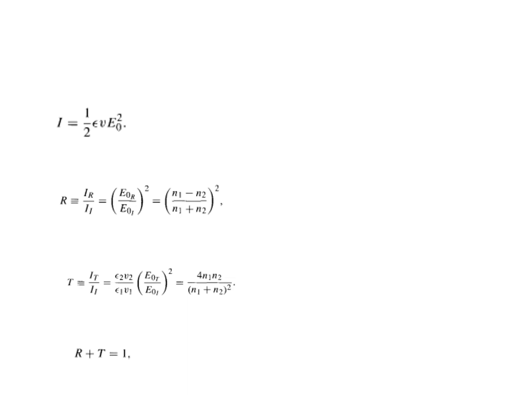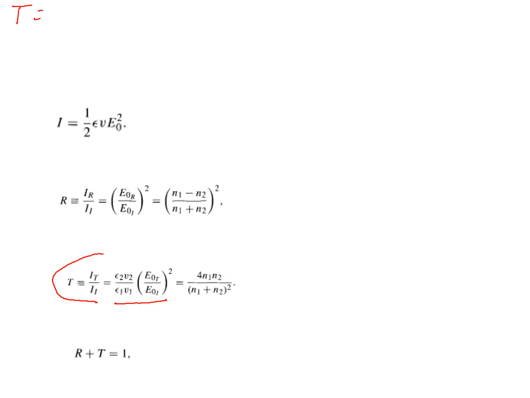Now let us calculate the transmittance. Transmittance T is the transmitted intensity IT divided by incident intensity II. So transmitted intensity is half epsilon 2 V2 E0T square divided by incident intensity, half epsilon 1 V1 E0I square. Half gets cancelled. Now we can substitute for E0T.